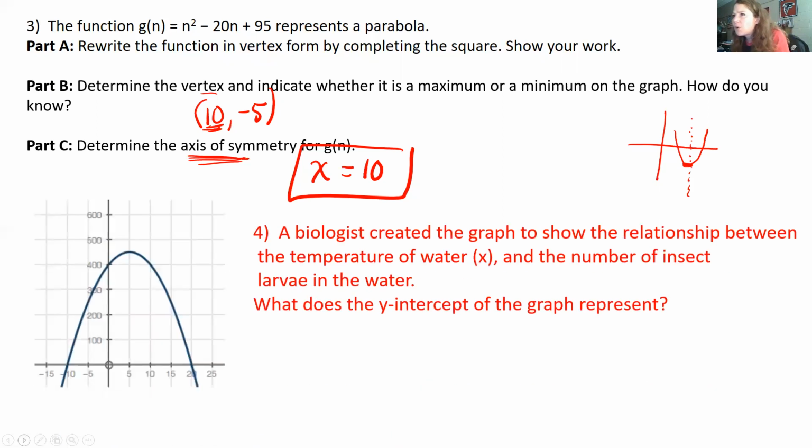All right, number 4, a biologist created the graph to show the relationship between the temperature of water and the number of insect larvae in the water, right? So the question is, what does the y-intercept of the graph represent? Well, the y-intercept is right here.